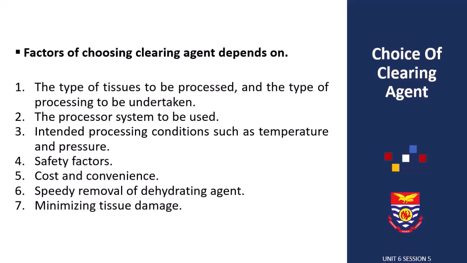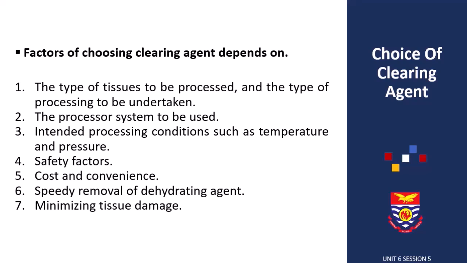Now, the choice of the clearing agent will depend on a number of factors, and these are the type of tissues to be processed and the type of processing to be undertaken. Another factor is the processor system to be used. The intended processing conditions such as the temperature and pressure should also be considered.